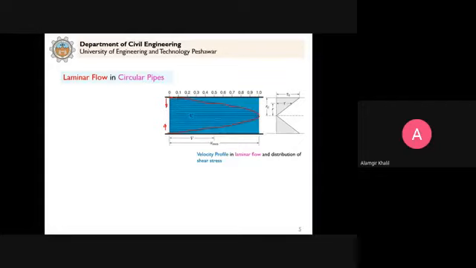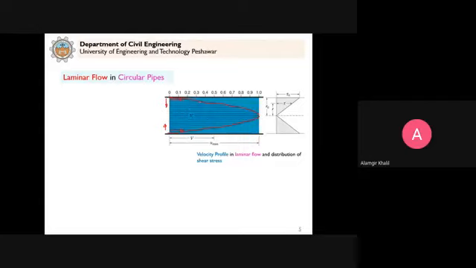As this resistance is transferred toward the center of the pipe, it will try to slow down the other layers because there will be a momentum transfer, and this frictional resistance is transferred toward the center. That is how the velocity profile is formed.